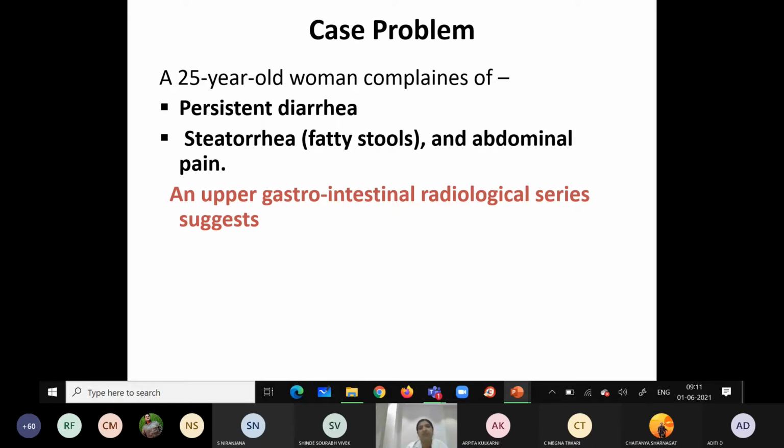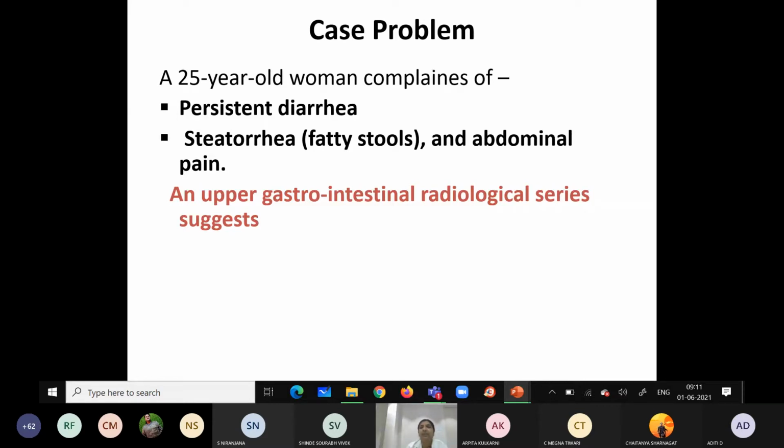Usually anybody's diarrhea ends by 2 days maximum, or after some medication by 3 or 4 days. But she complains of persistent diarrhea, a very important clinical feature, and steatorrhea. The word meaning is fatty stools, where there is a huge bulk of fat in the feces.